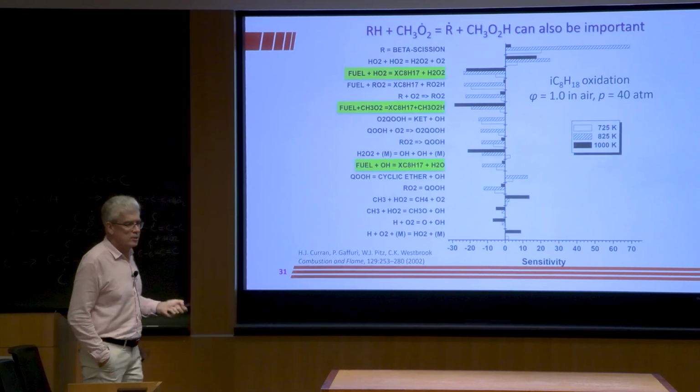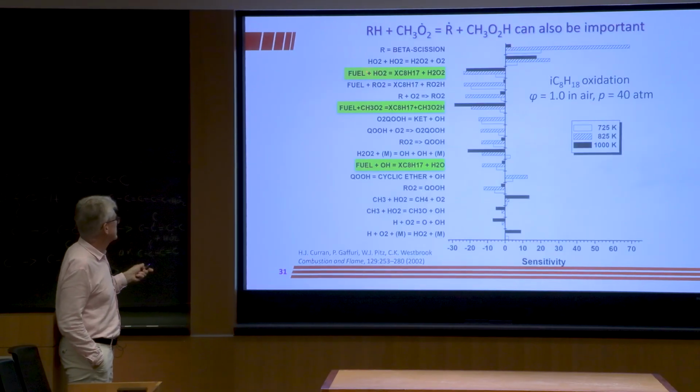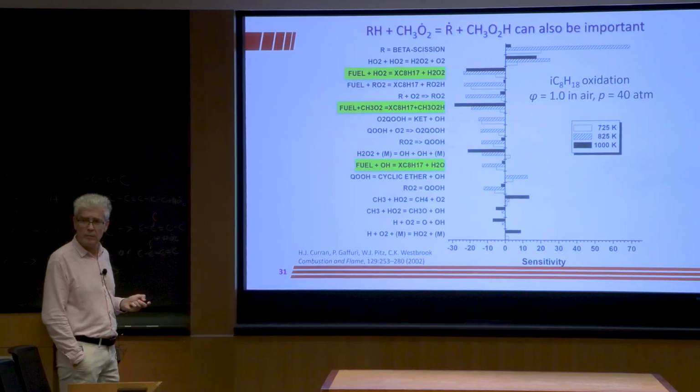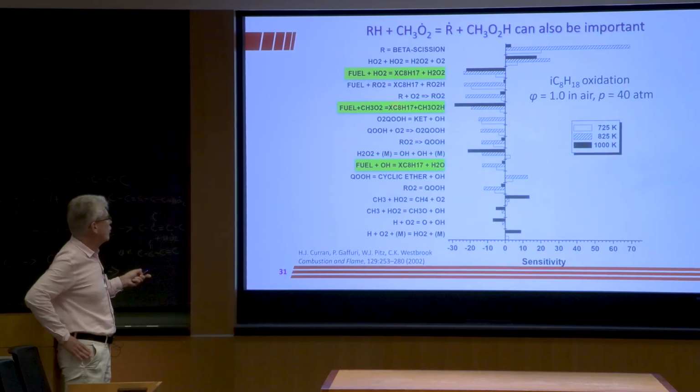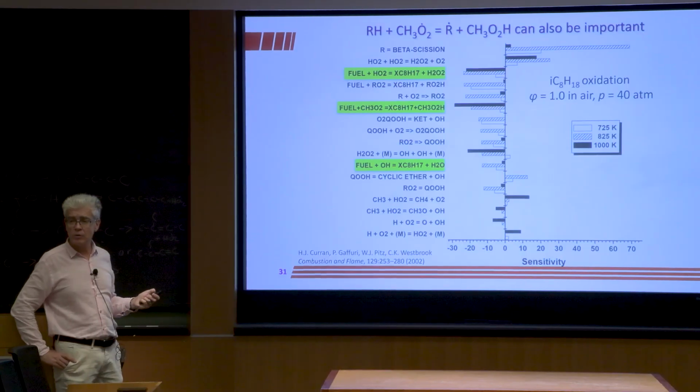But actually, at intermediate temperatures, we'll say 825 Kelvin here, and maybe 1,000 also, you can see at 825 Kelvin fuel plus OH is important, but at 825 and 1,000, look at fuel plus CH3O2, giving the isooctyl radicals plus CH3O2H. They're really important and sensitive reactions in a mechanism.